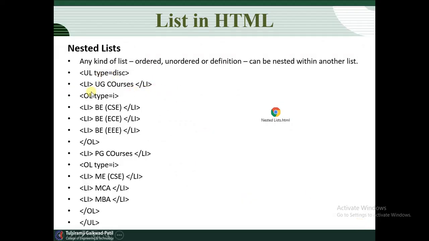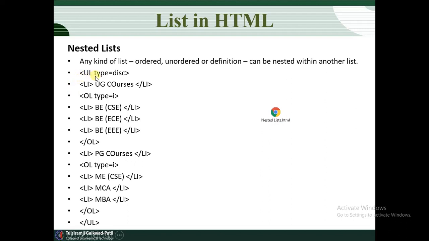UL type disc. Again we have the sub element UG course, which is indicated with sub element type equals to I: first, second, third elements. Here we open the OL tag and here we close the OL tag, and all the elements are under the UL tag. We open the UL tag, and all the elements are of type disc.